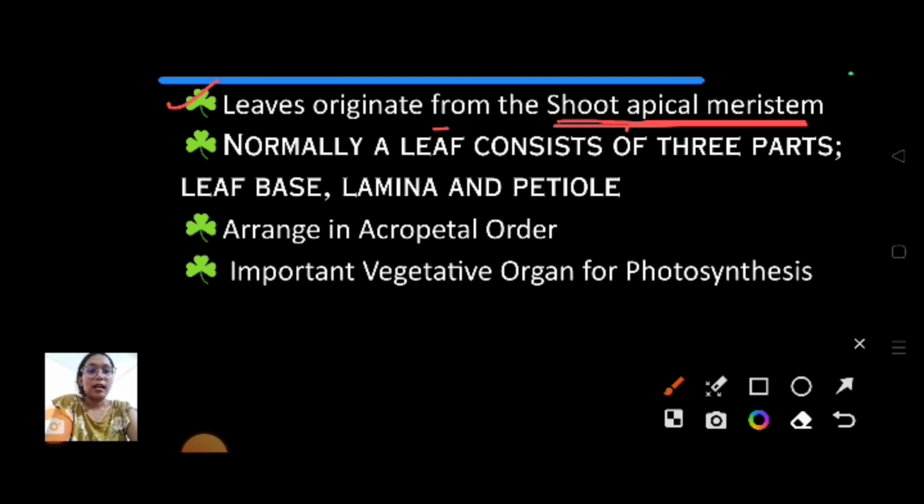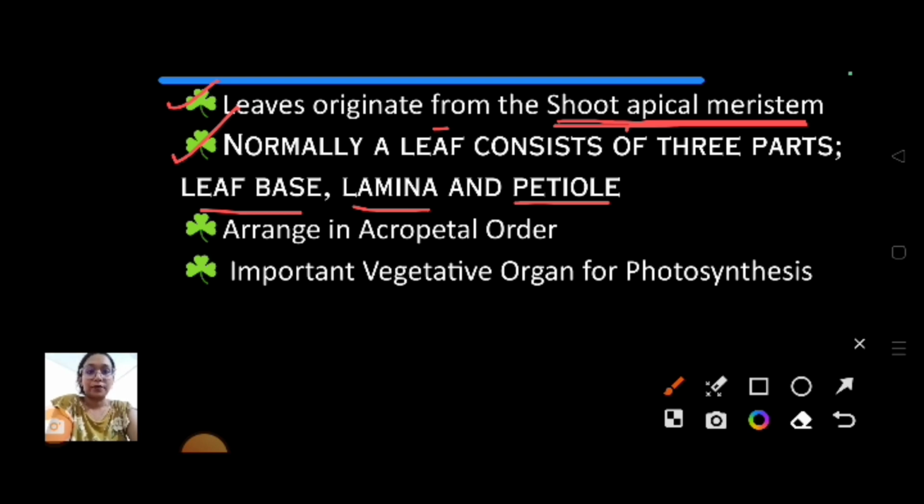Clear? Then it says that normally a leaf consists of 3 parts: the leaf base, then the lamina, that is the leaf surface, then the petiole through which it is connected. I'll show you a picture of it in the next slide.